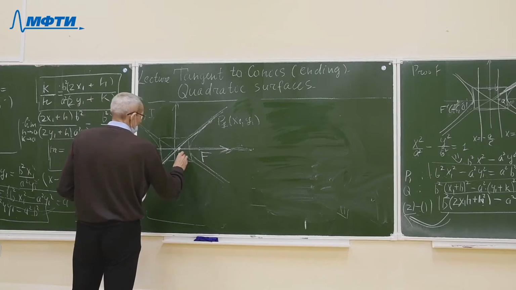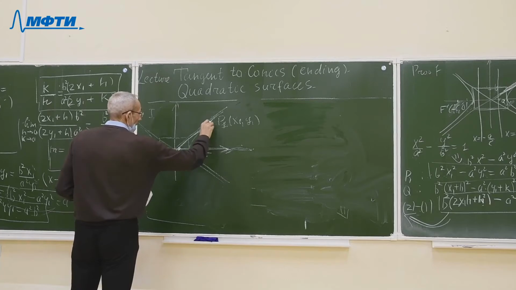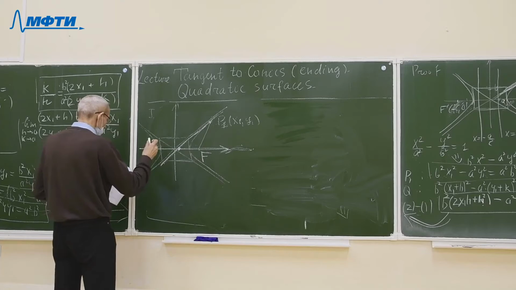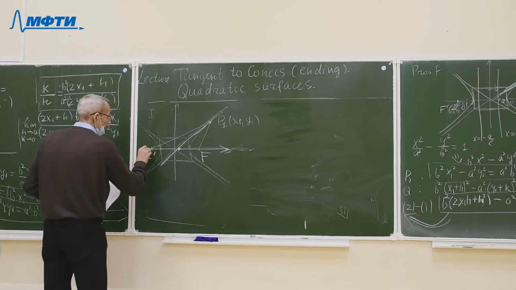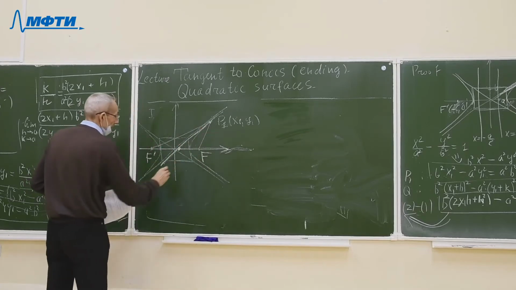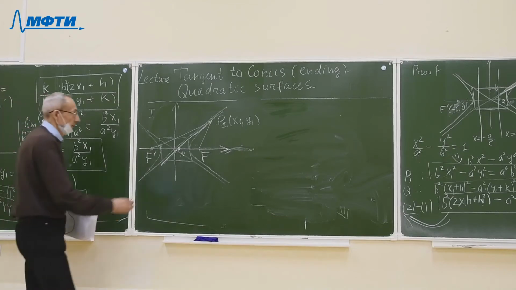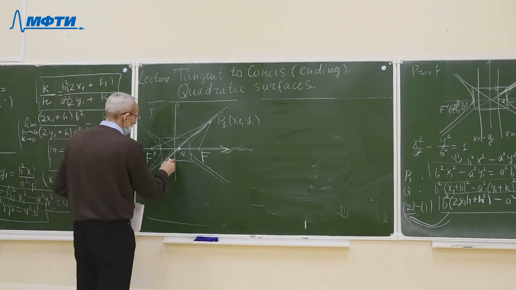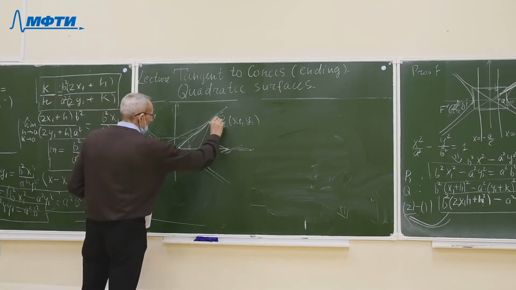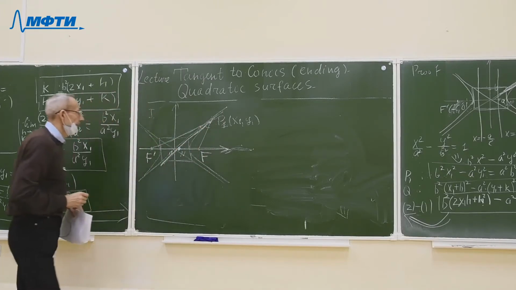And we have also P1F and F prime F, the angle, and N is the point of intersection of the tangent straight line and axis OX, and the assertion is the following.